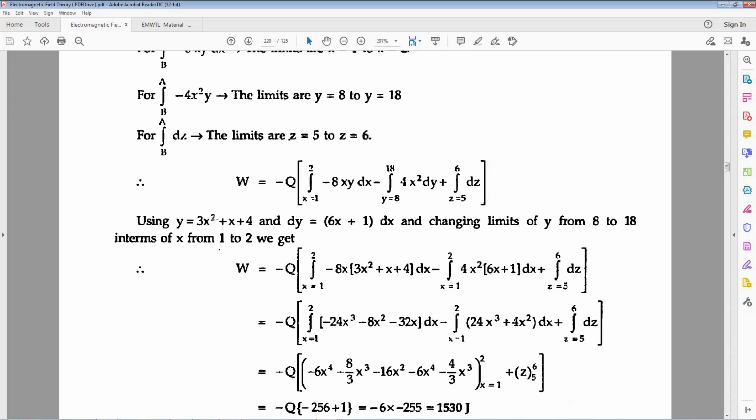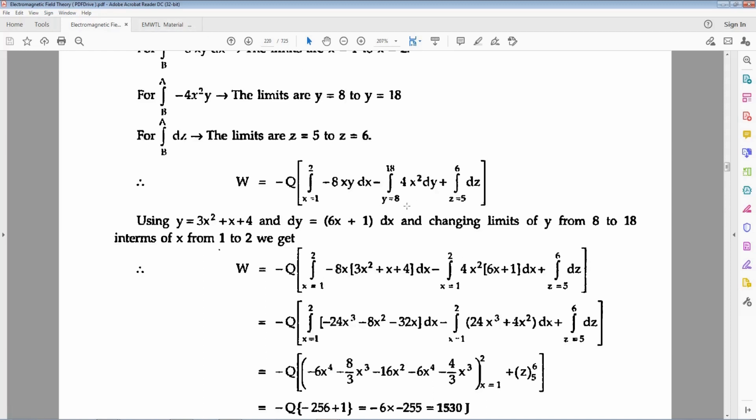Apply the derivative on both sides: dy is equal to 3x square means 6x plus 1 into dx. Changing the limits of y from 8 to 18 into x from 1 to 2, we get minus 8x, with y replaced as 3x square plus x plus 4, into dx.